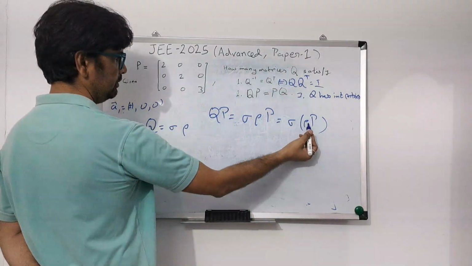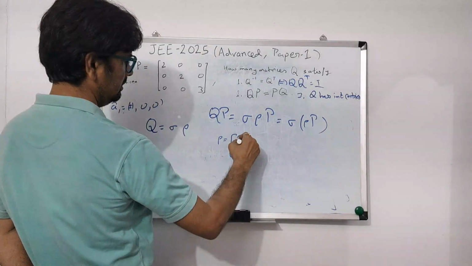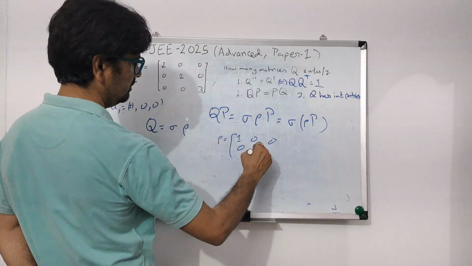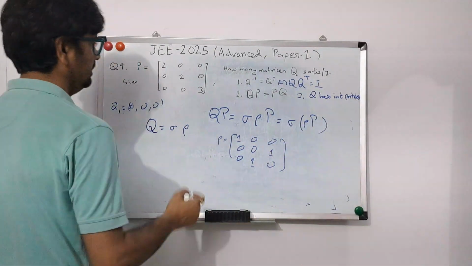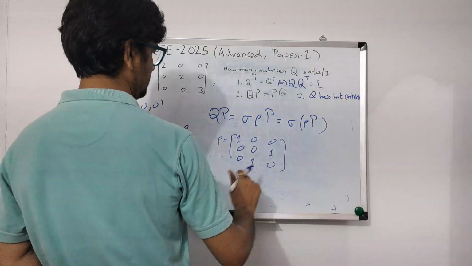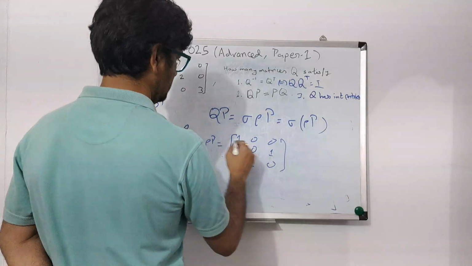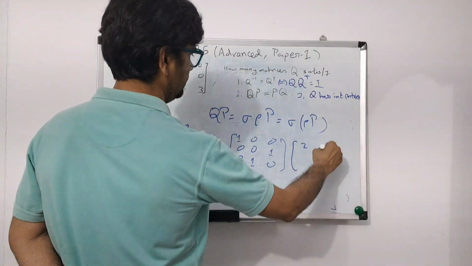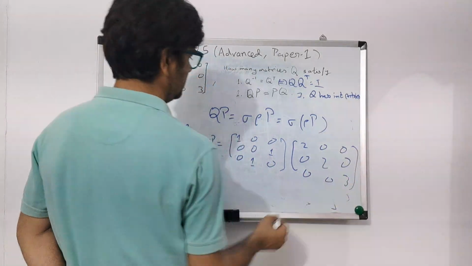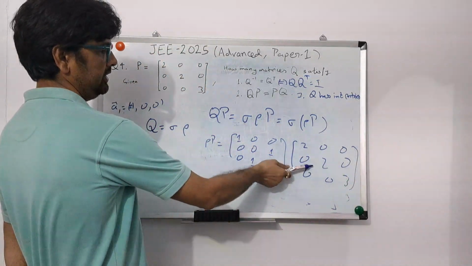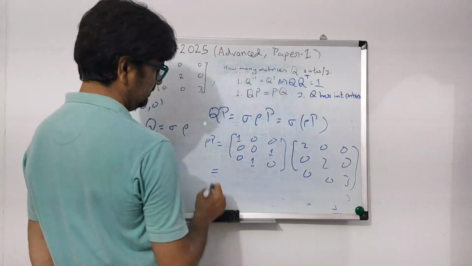So if you multiply rho and P here, for example, if rho equals 1 0 0, 0 0 1, 0 1 0, then multiplying it with P, which is 2 0 0, 0 2 0, 0 0 3, it will commute these 2 rows. You can observe it yourself.